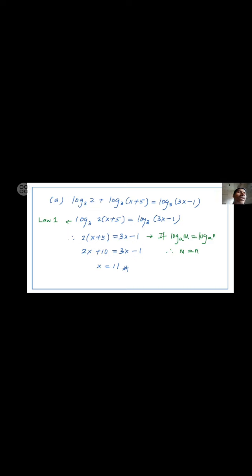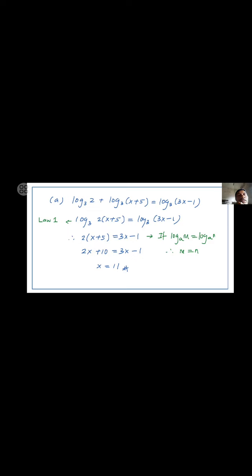So here we added the two logs with the same base into one term in product form, equals the right side as it is, that is log 3x minus 1 to the base 3. So bases are equal, then we can say the logs are equal.